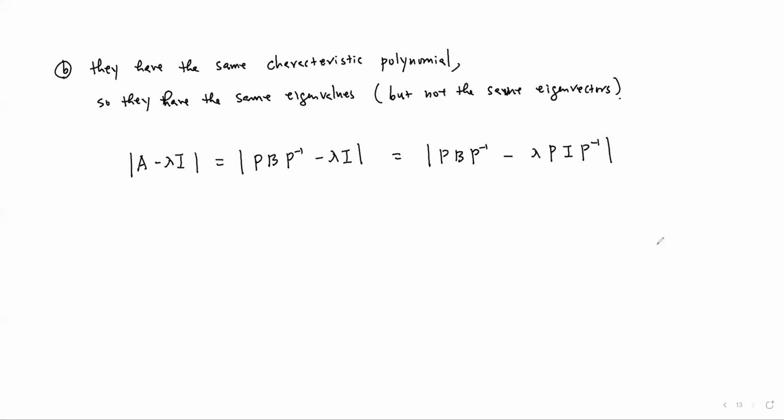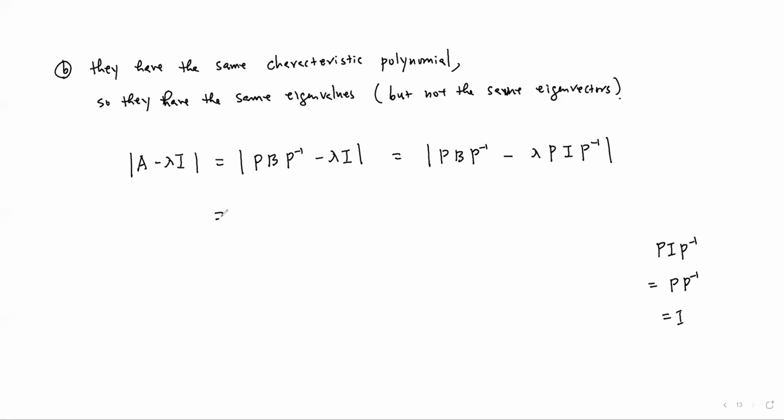You agree? P times I is P. P times P inverse is I. So I can write I as P times P inverse.